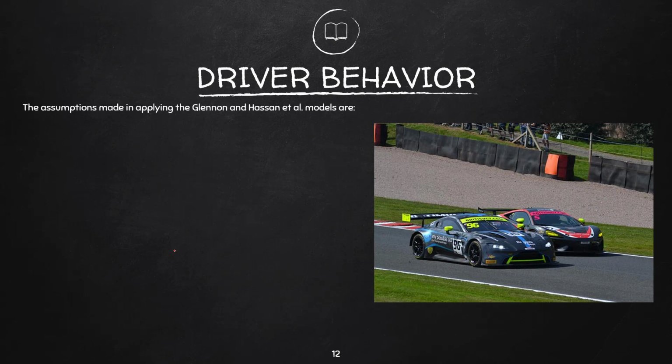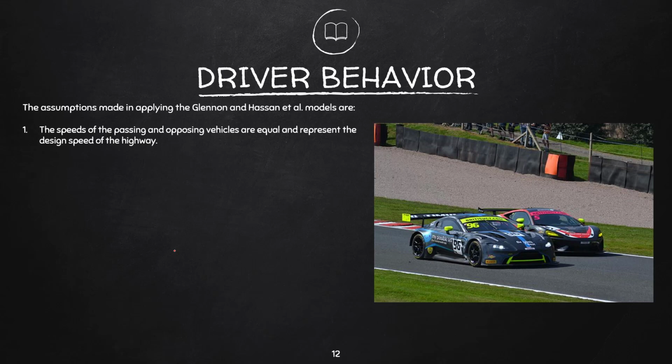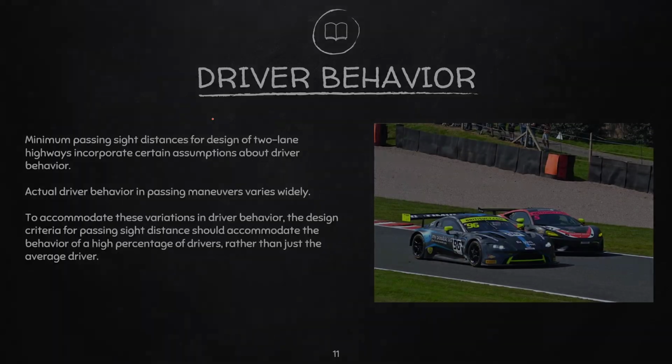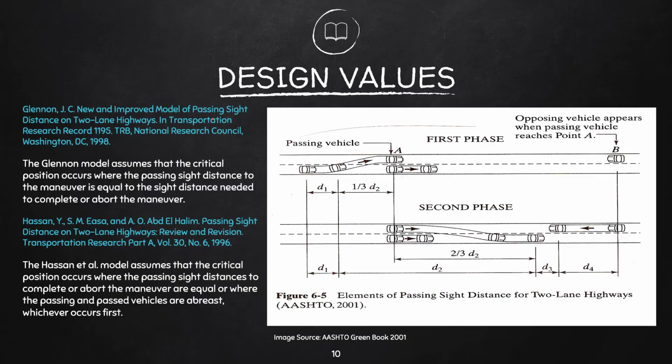The assumptions made in applying the Glennon and Hassan et al. models are: first, the speeds of the passing and opposing vehicles are equal and represent the design speed of the highway. So as shown in this figure, this is the passing vehicle, this is the passed vehicle, and this is the opposing vehicle.